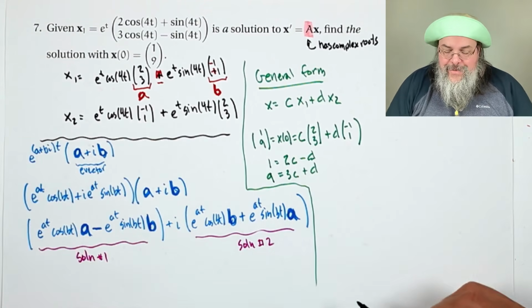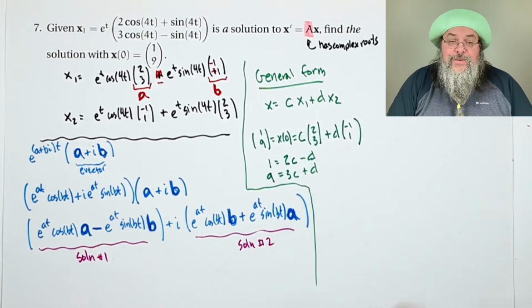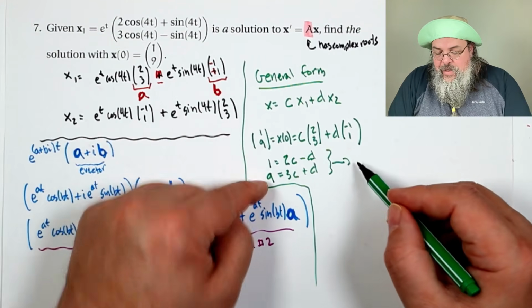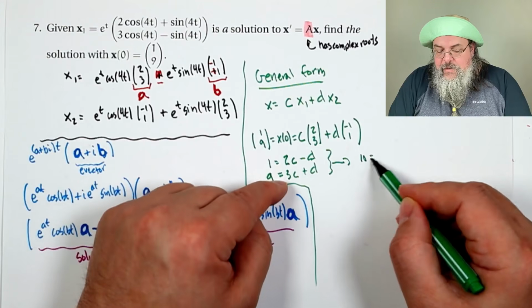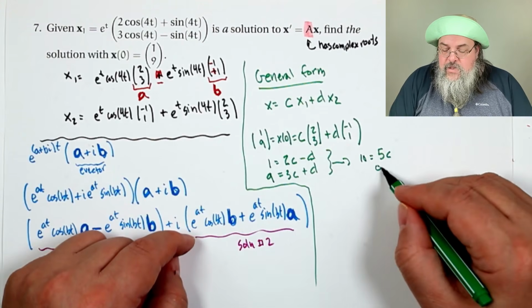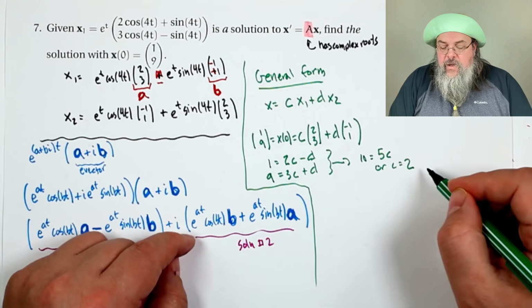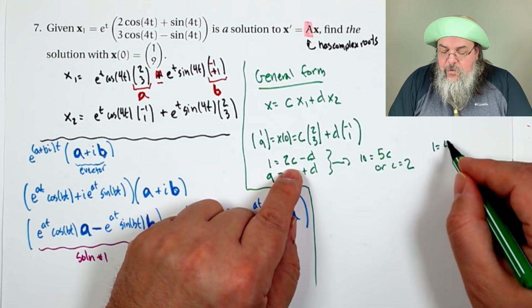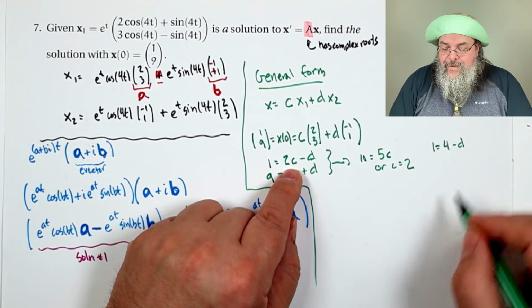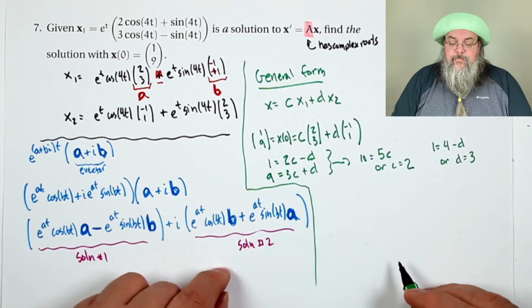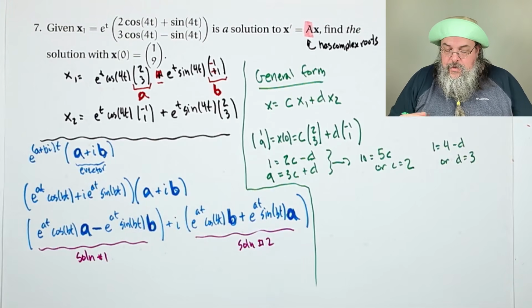And what can you do? Well, if you add those two together, you get 10 equals 5c, and the d's cancel. Or c equals 2. Now that you know c equals 2, 1 equals 4 minus d, or d equals 3. All right, good.